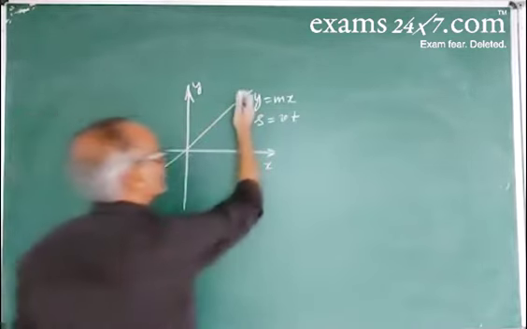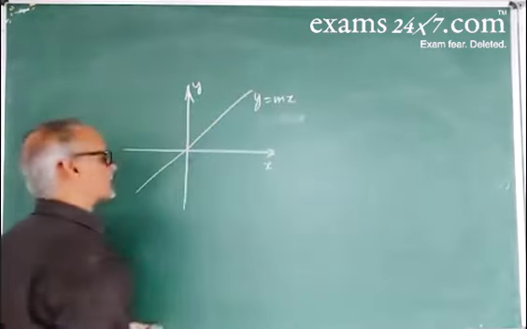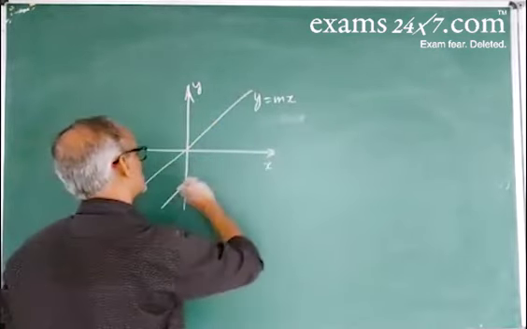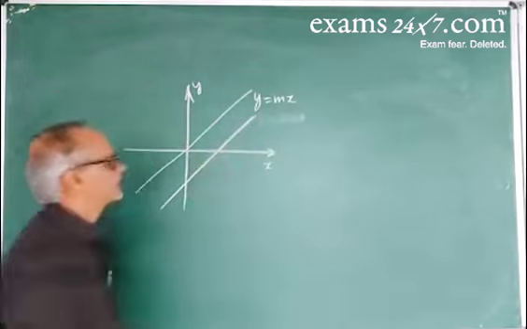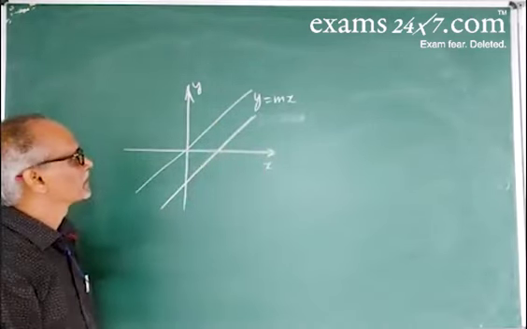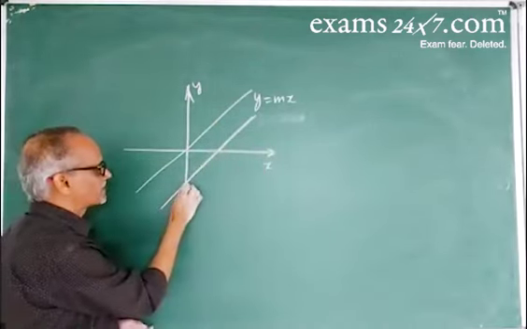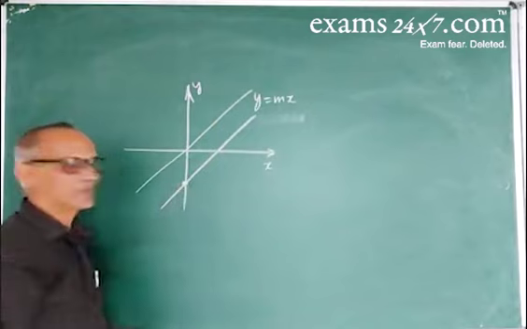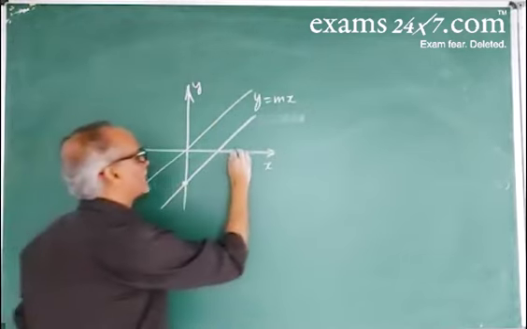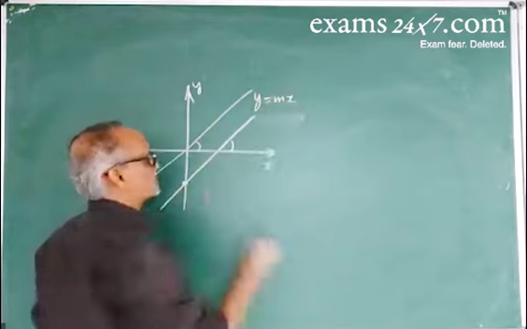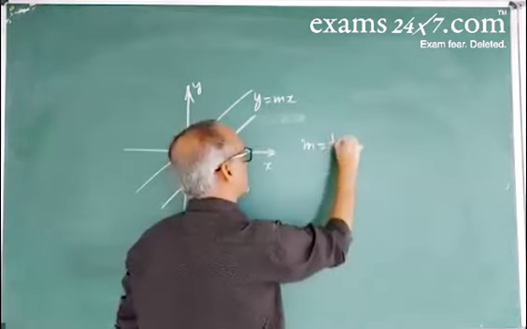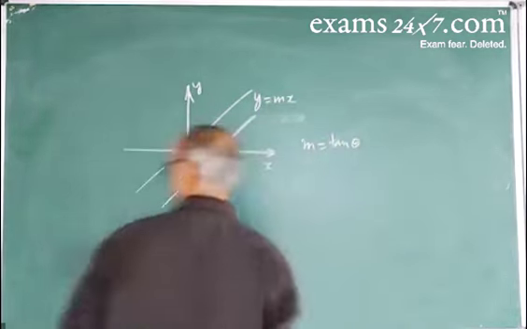It's very easy to draw the graph. So I'm going to draw one more graph here, where the y-intercept is negative and the slope is positive. The slope is also given by tan theta.